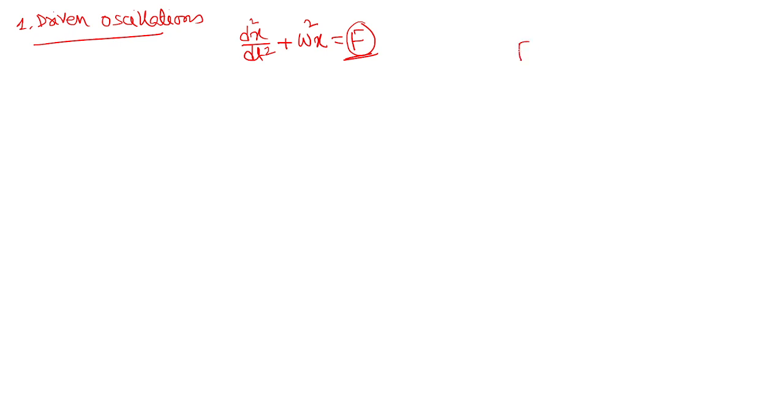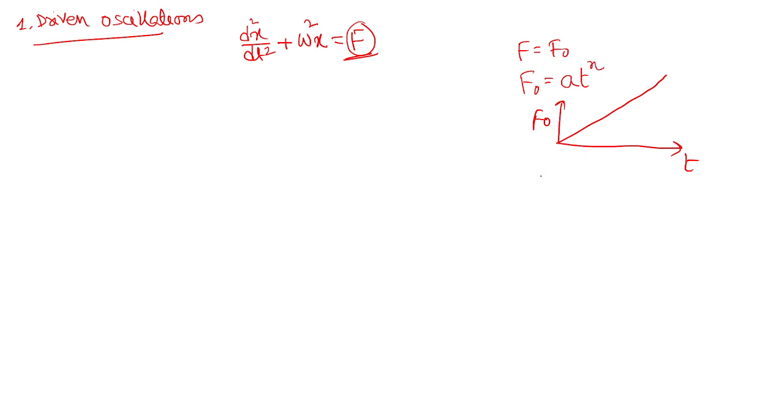It can be a constant force, or we can apply a force which depends linearly on time. So with time the force is increasing. If we look at the force profile with time, it will increase. We can also apply a quadratic force or any kind of force.